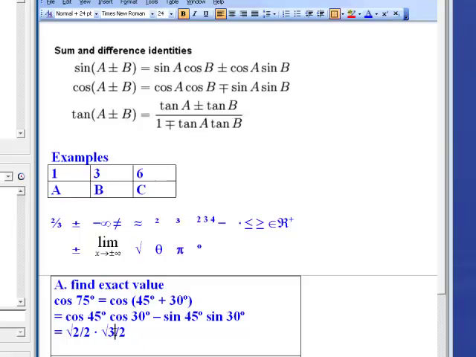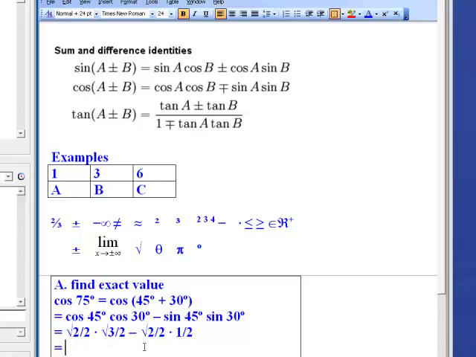I don't even need to double check those numbers. Minus square root of 2 over 2 times 1 over 2.